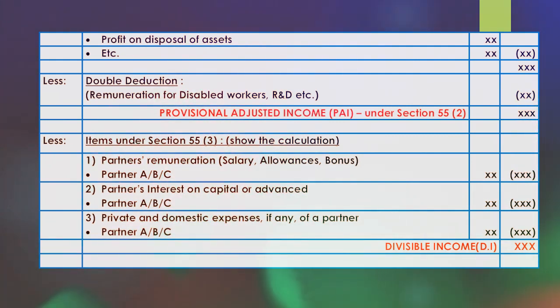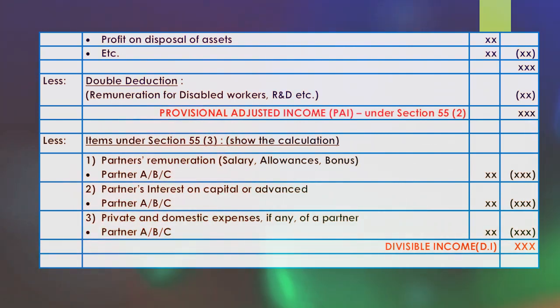Okay, so this is where the difference comes from business income formatting. You get the provisional adjusted income, and then you deduct all expenses that involve partners' income and partners' expenses.